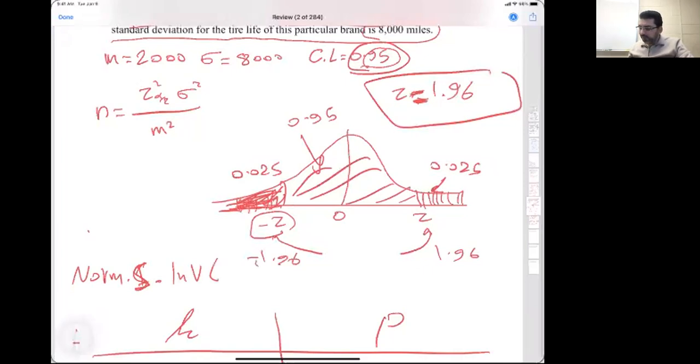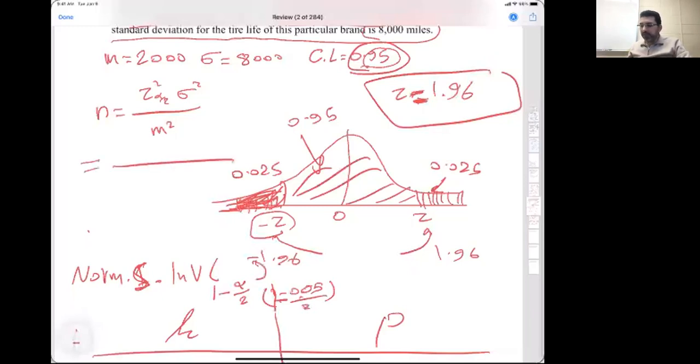And here you will put 1 minus alpha divided by 2, which means 1 minus 0.05 divided by 2, like this. We will see that on Excel after a while. So you can find the z's from the normal distribution like this.